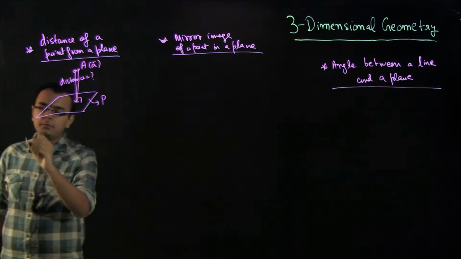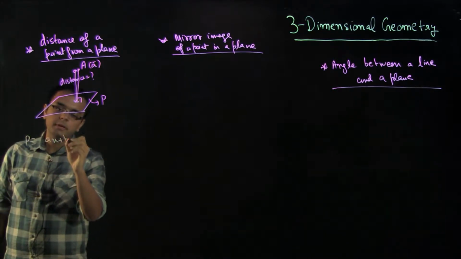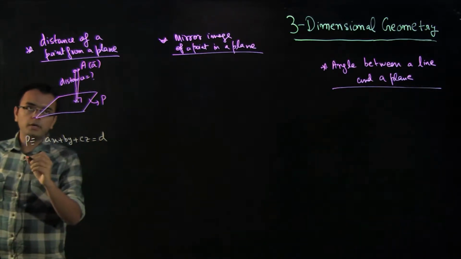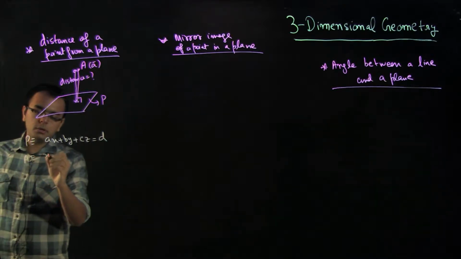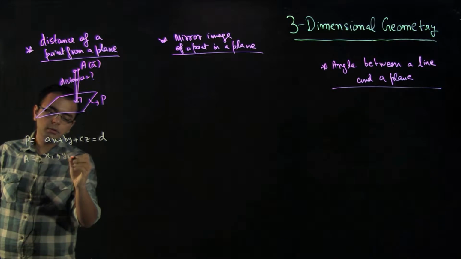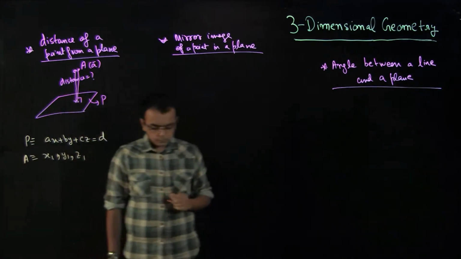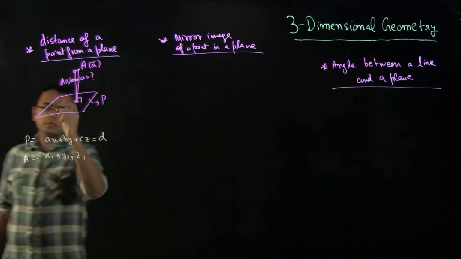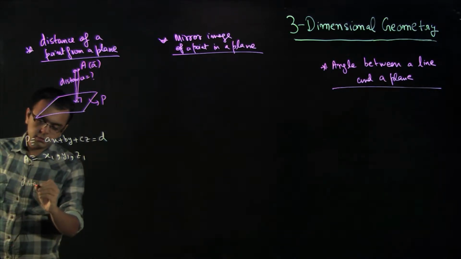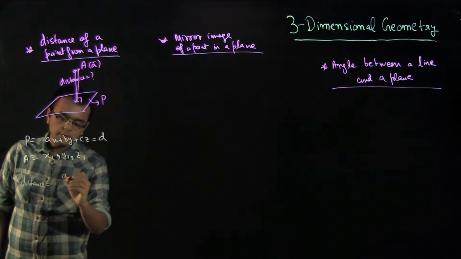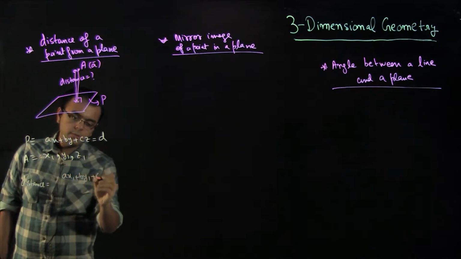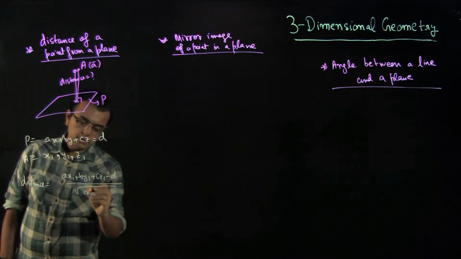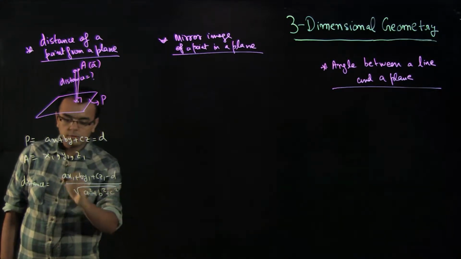Let's say the equation of plane P is ax plus by plus cz equals d, and your point A is (x1, y1, z1). Then the shortest distance of the point is equal to |ax1 plus by1 plus cz1 minus d| divided by root of a square plus b square plus c square.